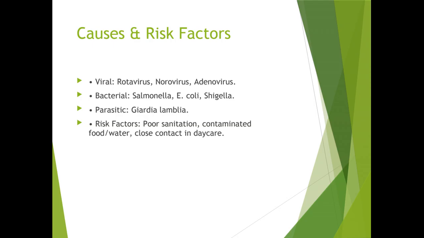The risk factors are contaminated food, water, poor sanitation, close contact, and daycare. Now, the poor sanitation should drive you back to your peptic ulcer disease etiology of H. pylori, and contaminated food, water. And then close contact and daycare, because your pediatric populations typically are in daycare settings. So all I've done is take risk factors and drive it down to your kids versus your adults.